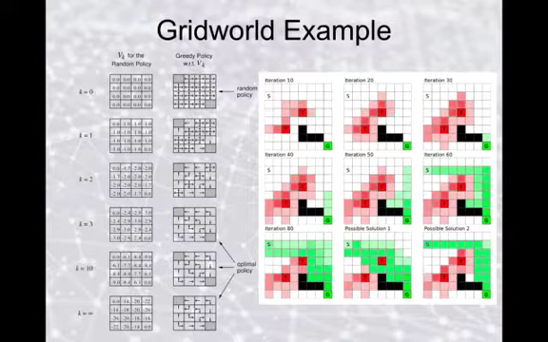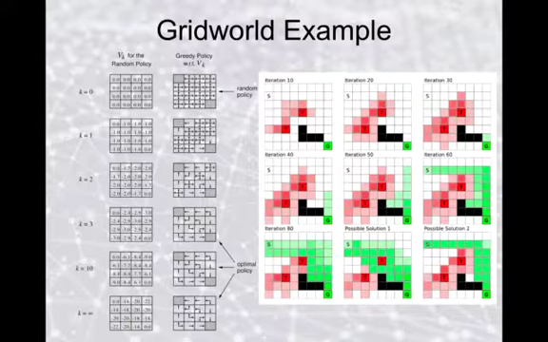So Grid World is yet another classic example. It's a micro world, if you will, a very simple environment. And it's often a proving ground, just like the MNIST data set is a proving ground for neural networks. Grid World is a proving ground for different reinforcement learning based algorithms.